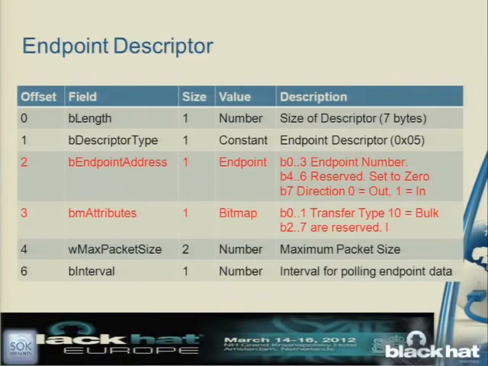What kind of endpoint is it? What's the direction? And what's the max packet size? And the max packet size for bulk storage devices depends on the speed. If it's high speed, then it can be 512 bytes. If it's full speed, it can only be 64 bytes.